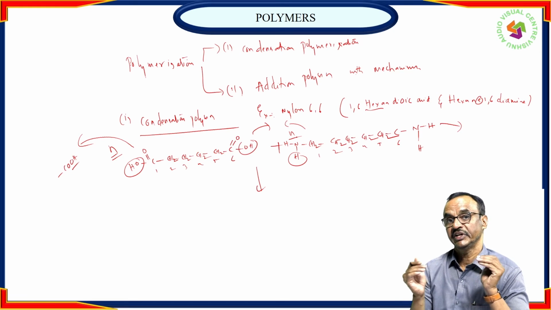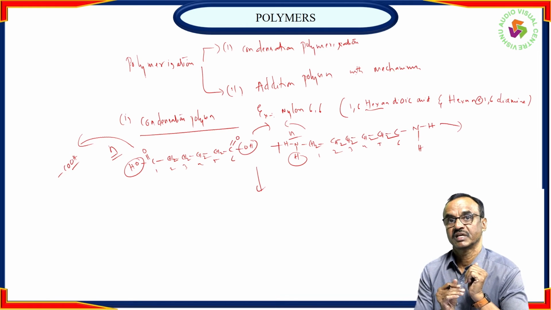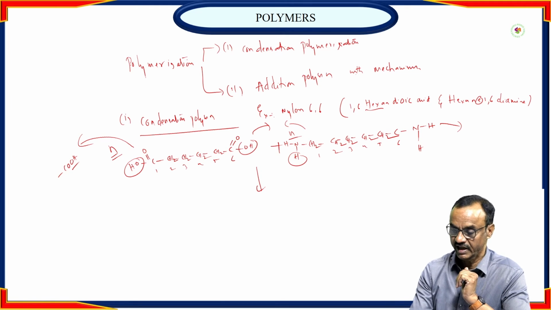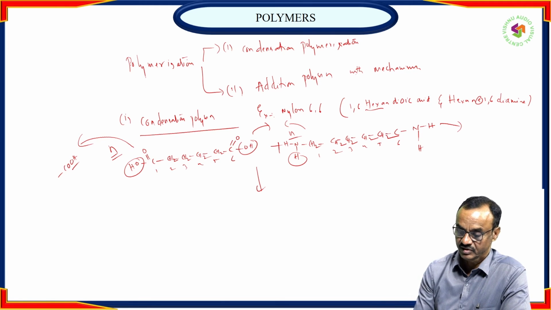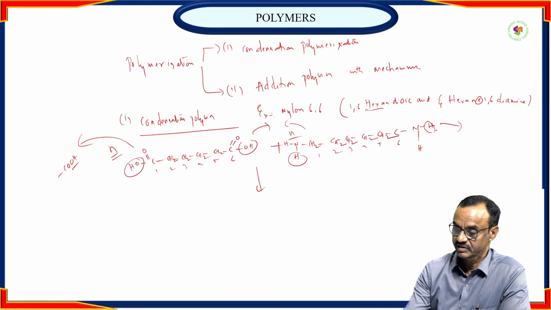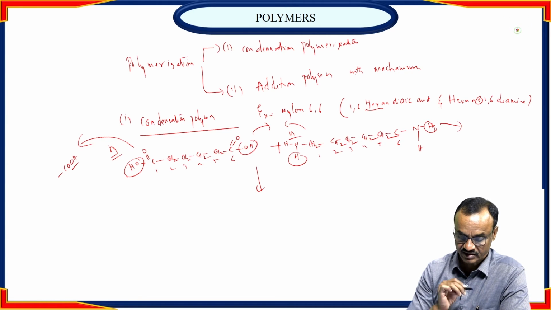So linking takes place between 2 different monomers: diamine and dioic acid. So n number are there, right? Removal of H plus and removal of OH minus ions, like this. The bond is formed; you need to write it as it is, no problem. For linking, you put a star for your clarification.